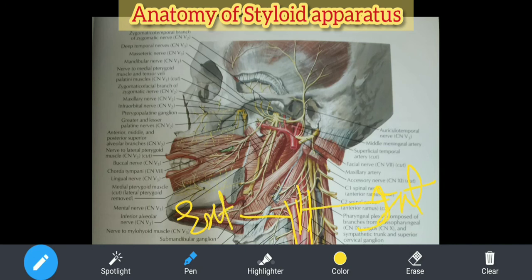Okay, internal carotid is going behind, inside, medially, and this external carotid we have cut it. Can you see this? We have the cut ends, so that we can see the structures below.